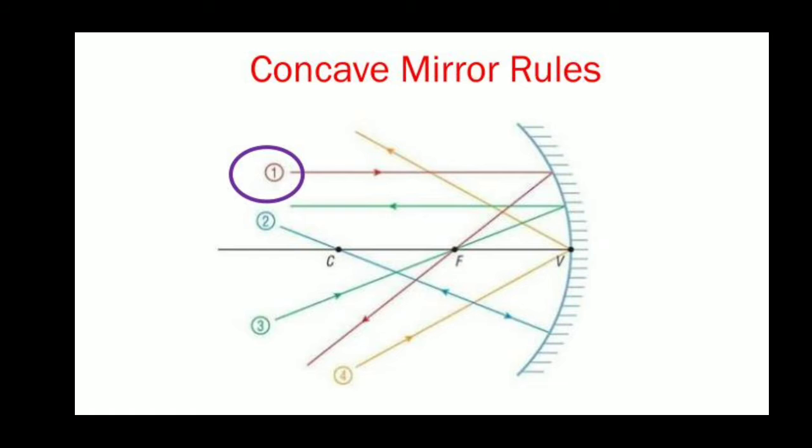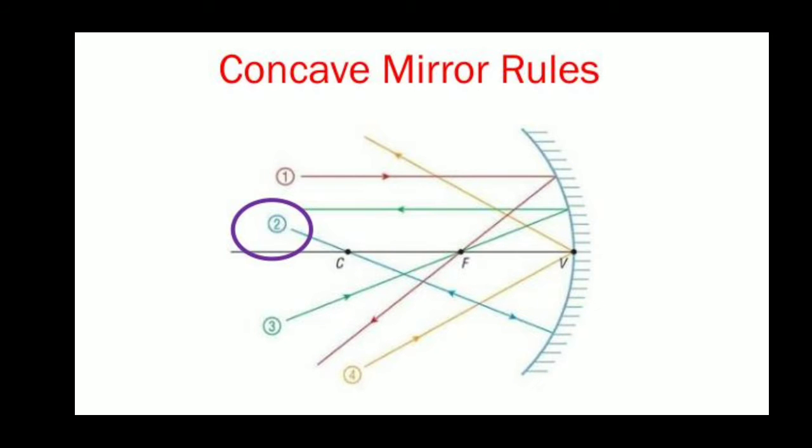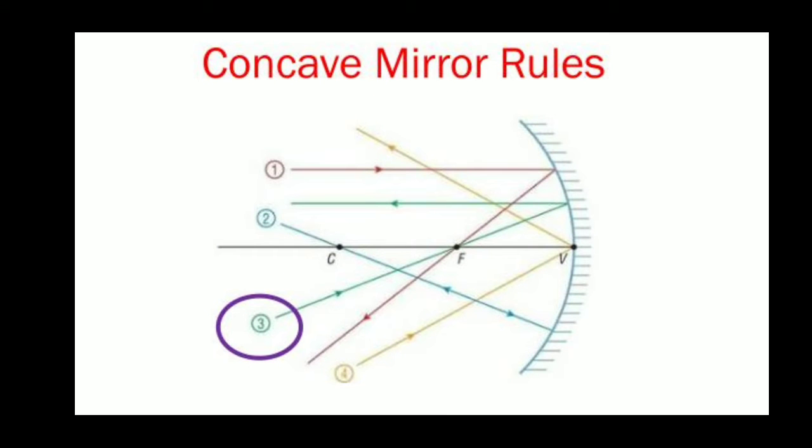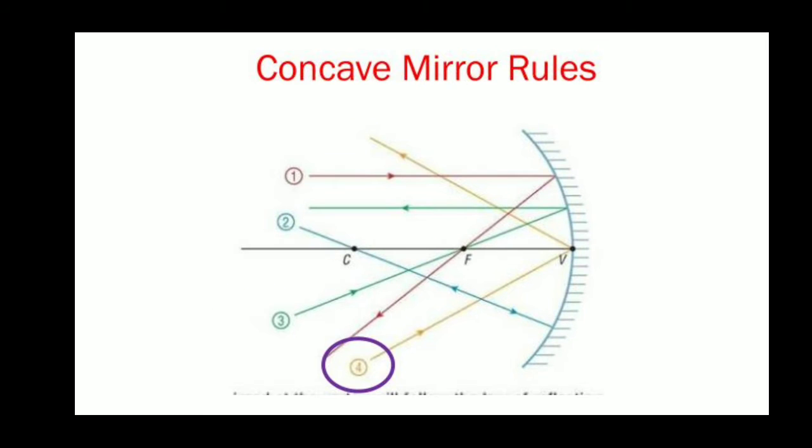Once again, all the things are given here. See ray 1, the incident ray, and this brown one is the reflected ray. The second, the incident ray passing through the center of curvature, is reflected back along the same path. See, children, everywhere the arrow shows which is the incident ray and which is the reflected ray. The next one, the green one, is given the other way: the incident ray passing through the focus, and the reflected ray is parallel to the principal axis.